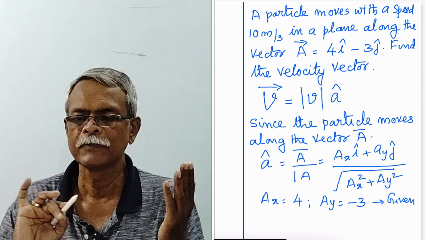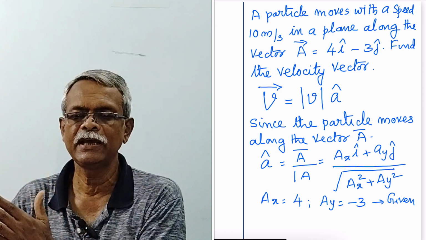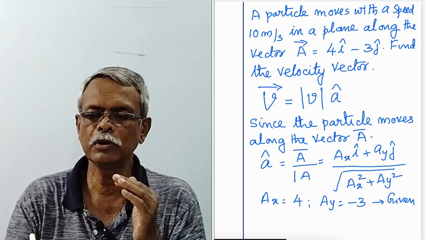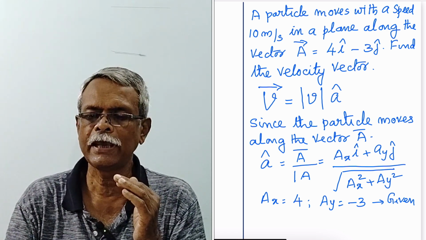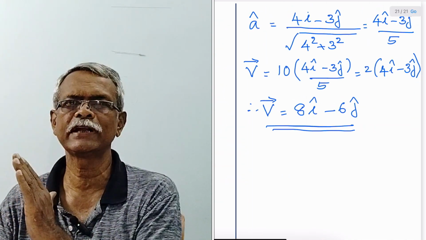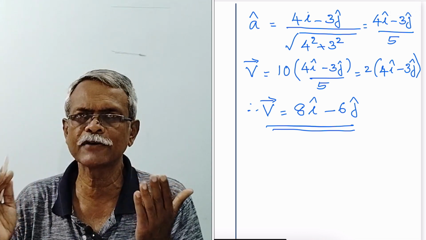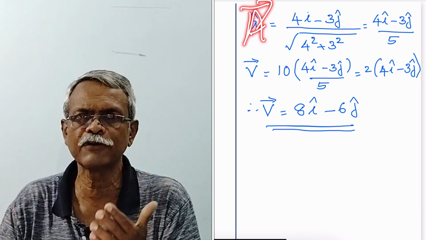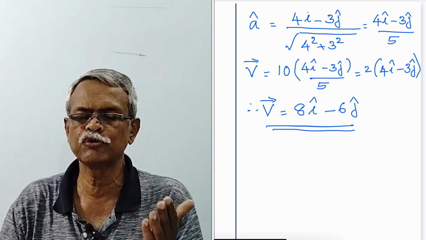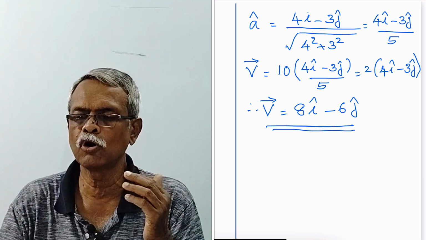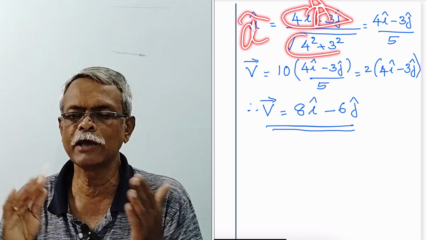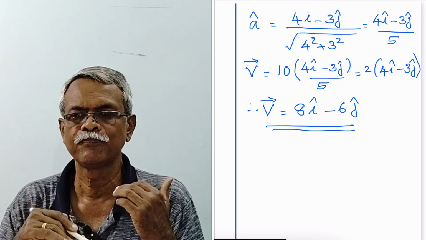Unit vector a is this divided by the magnitude. The magnitude is the root of ax square plus ay square, which is root of 4 square plus 3 square, that is 16 plus 9, square root of 25, that is 5. And in the numerator we have 4i minus 3j. So, the unit vector a will be 4i minus 3j divided by 5.